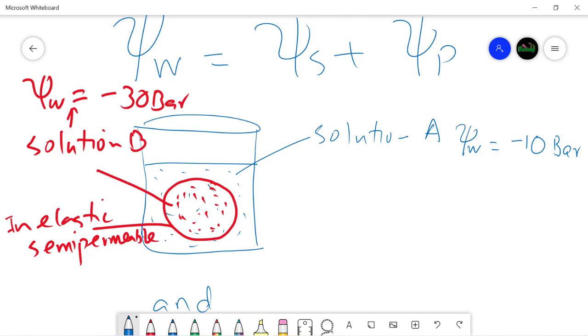For the time being, since there is no pressure, none of the solutions has been subjected to any pressure, and psi P is 0.